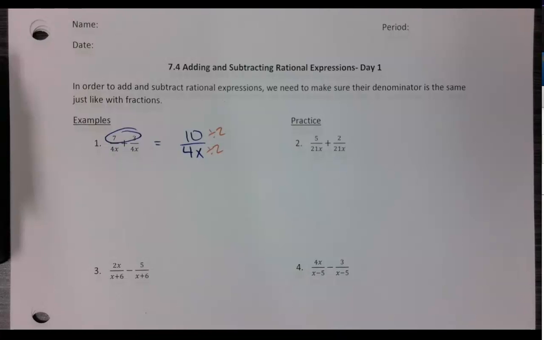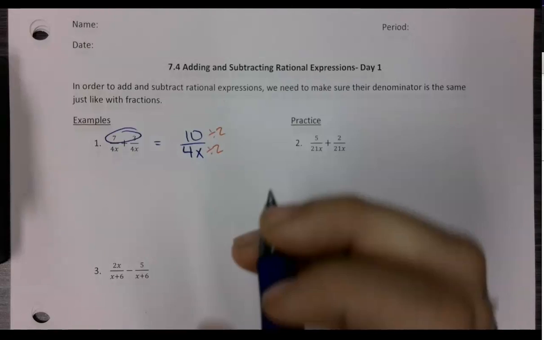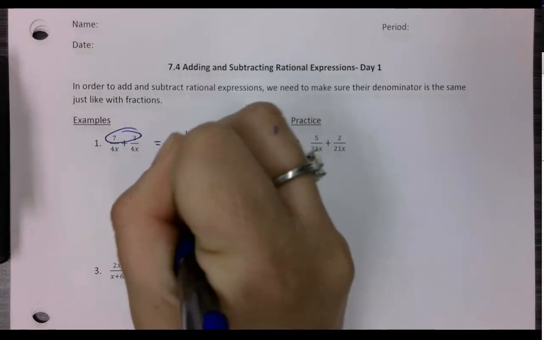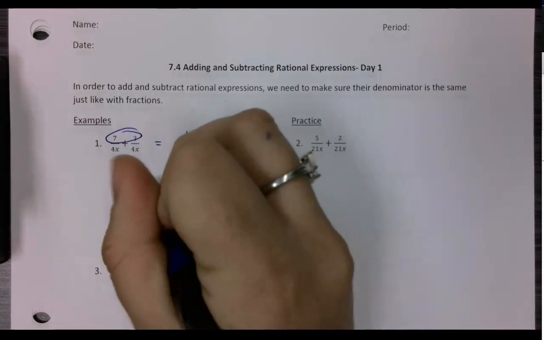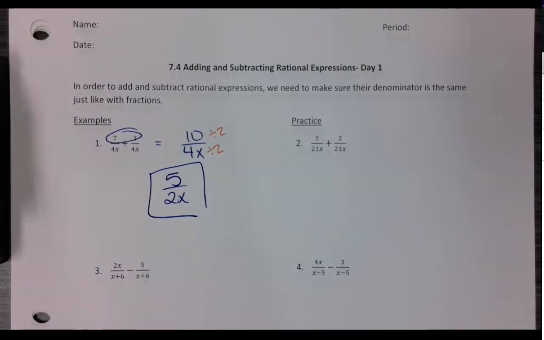Like if it was 12 and 3, where one is odd and one is even, I would see if they both are divisible by 3. So that gets me 5 over 2x. Questions here?